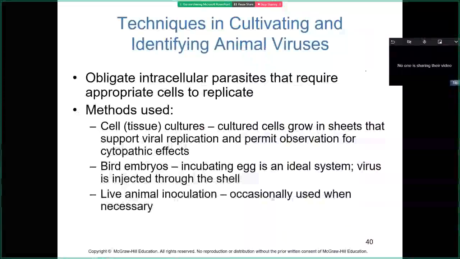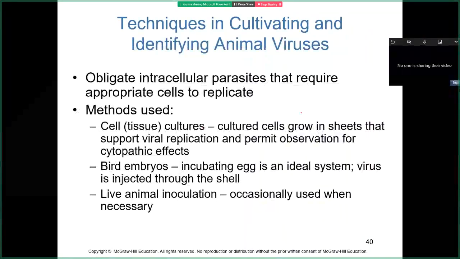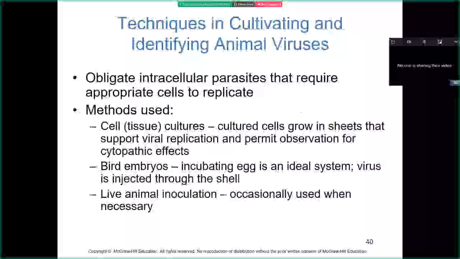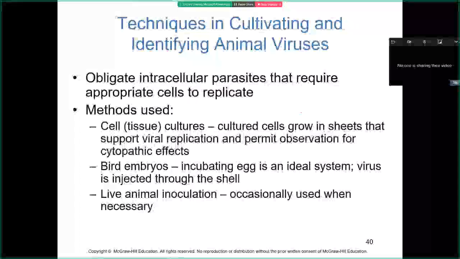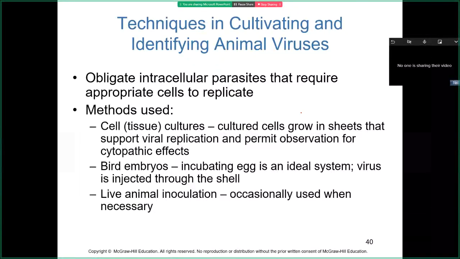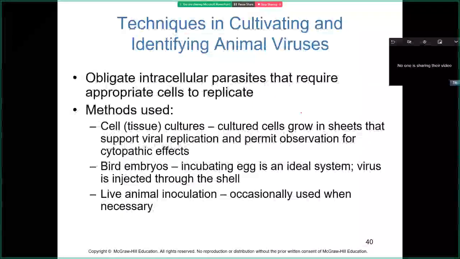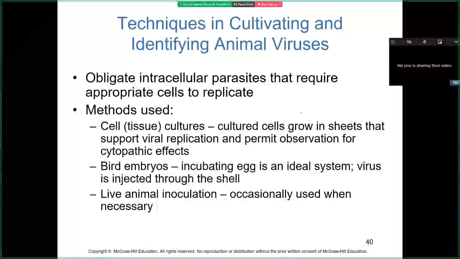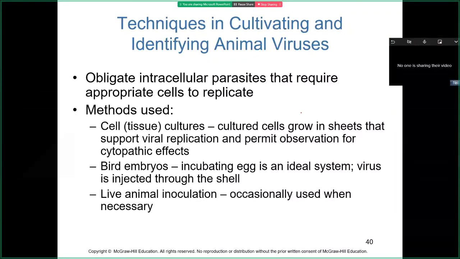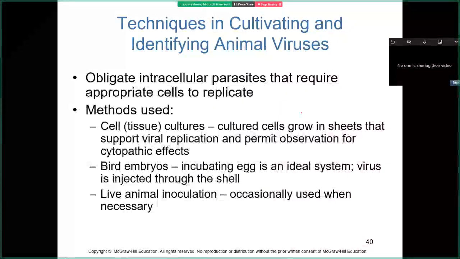All right, so the last thing I want to talk about has to do with how we study viruses. How do we know what we know about them? A lot of the same things that are done with bacteria, culturing them on different kinds of media and acquiring enough of them to be able to study them under the microscope and other ways, a lot of that can be done with viruses, but we can't use the same media.